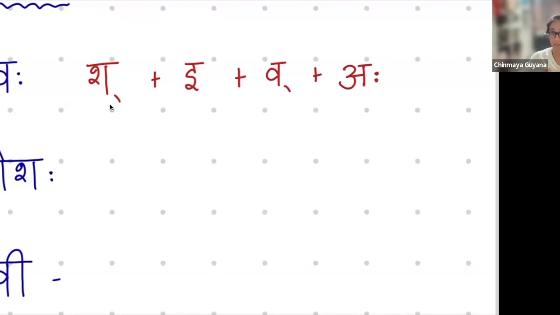So you will always have consonant with a halant, vowel, consonant with a halant, vowel. For now, in the examples we're doing, it's going to be consonant, vowel, consonant, vowel. So when you are doing this, make sure that you write the correct vowel next to the consonant that has the halant.